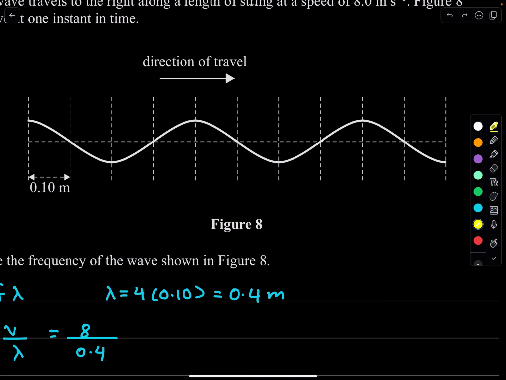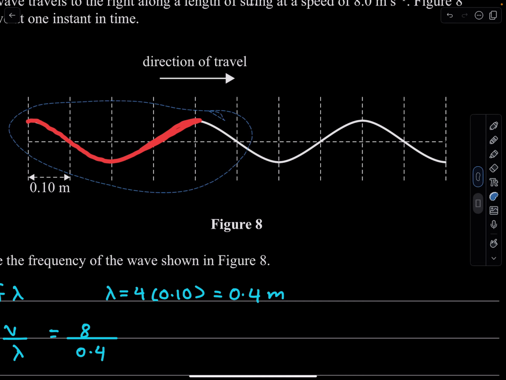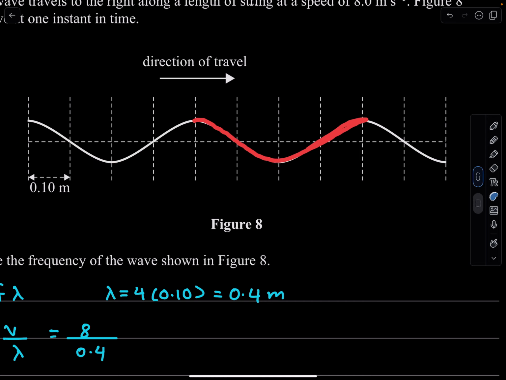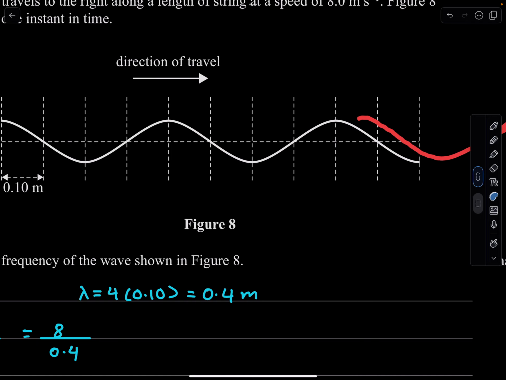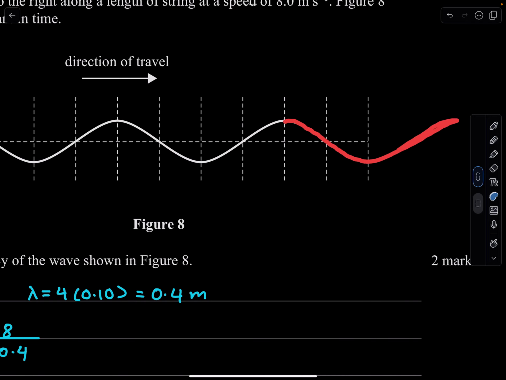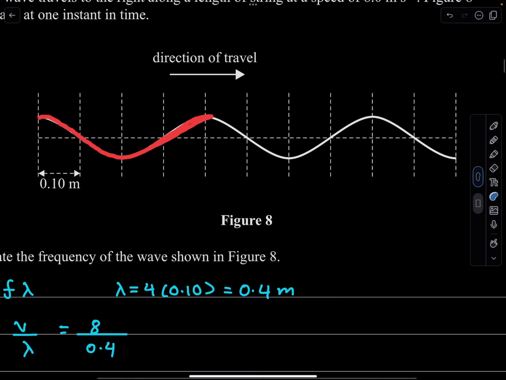I'm going to try to draw in a bigger font, in red. So it tells me that one cycle, starting from the origin like this, would take 50 milliseconds going from here to the other cycle, like that. So it will take 50 milliseconds to go from here to here.